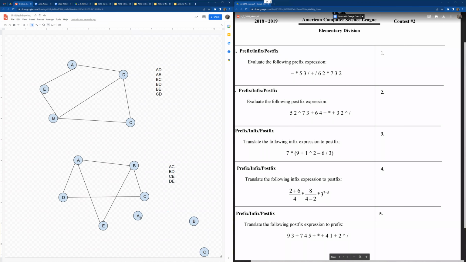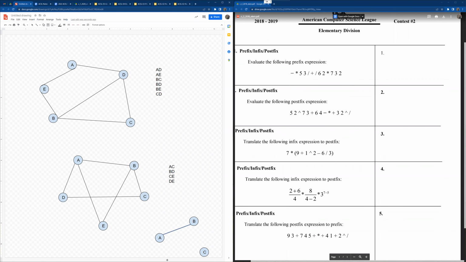And even if I add edges to it, for example, if I connect A and B, this is a graph, but this is not a connected graph.